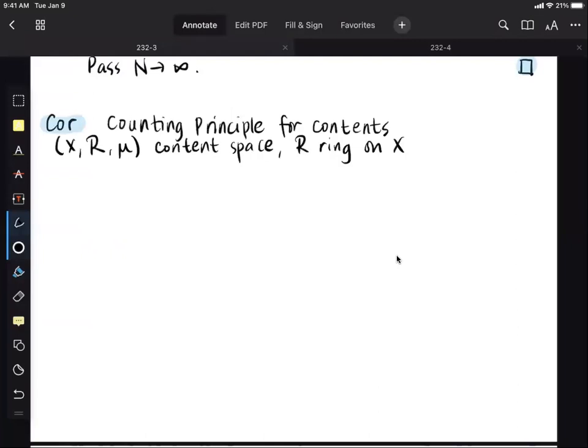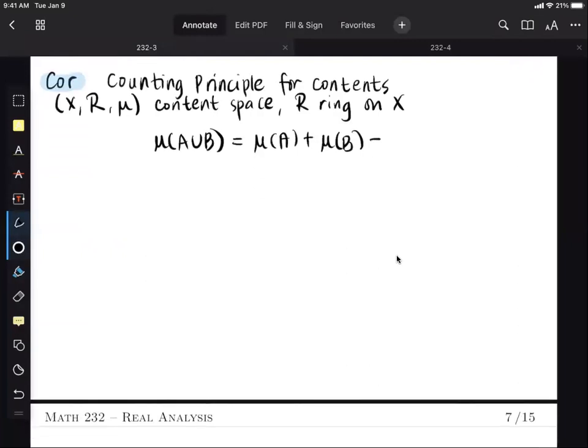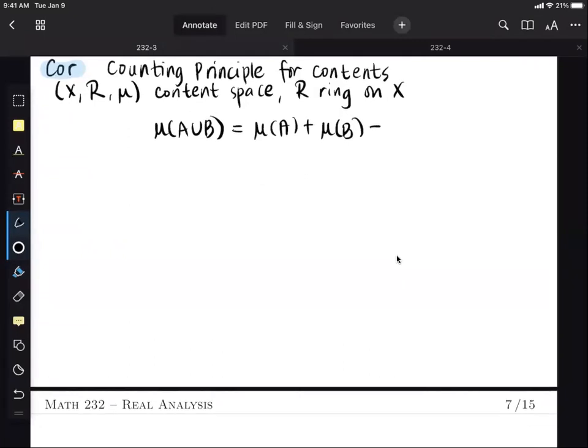Okay, then if we want to take the content of the union, then this would be the content of A plus the content of B, and then in this case, A and B might have a common set of elements.